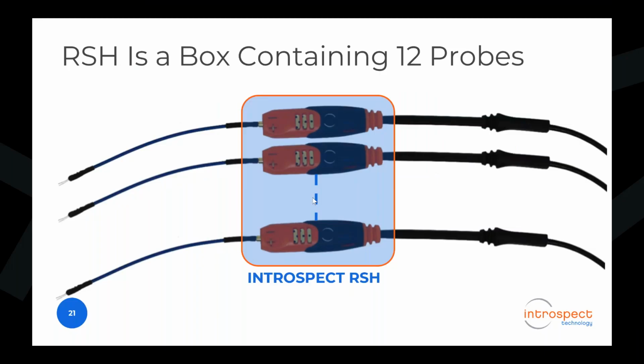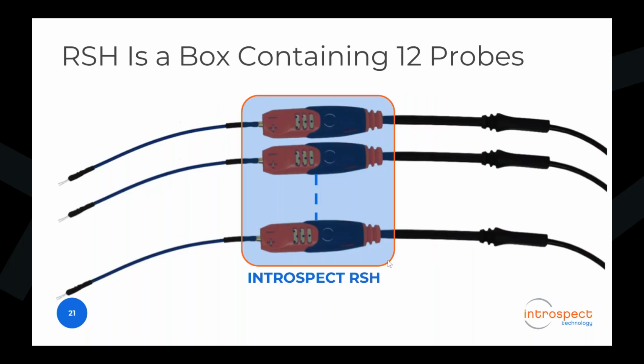And in one statement, the RSH is basically nothing but 12 active probes integrated into a box and shielded with metal all around it so that it gives a very clean noise environment. So this is really what the RSH box is: a set of 12 active probes in monolithic form factor, just designed within a chassis and shielded so that it can give the best signal integrity.